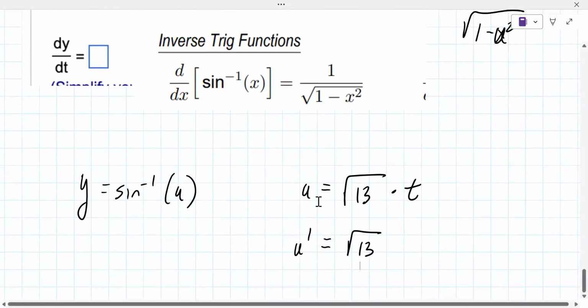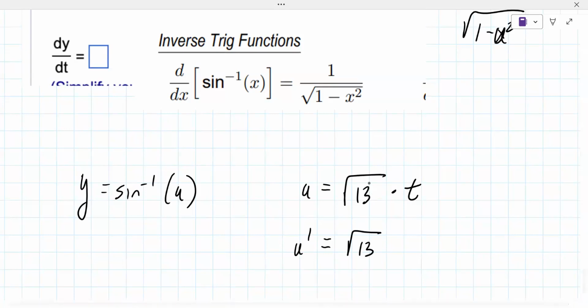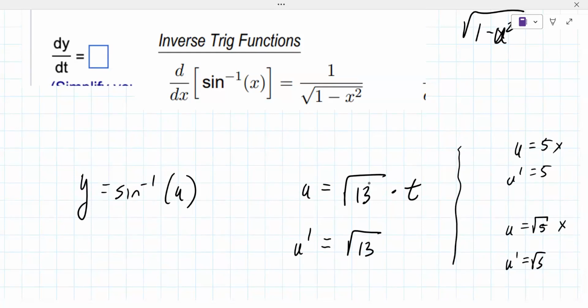It's the constant in front of the variable. If I said u equals 5x, you know that u prime is 5. Maybe what you're bothered by is that there's a square root, but it's just a number.